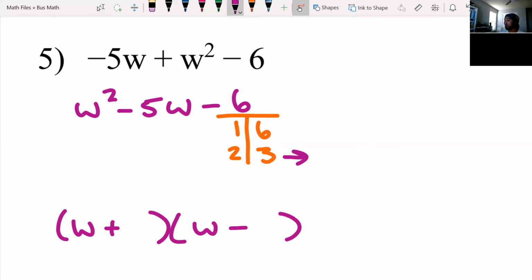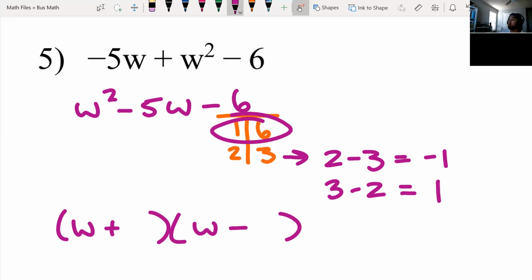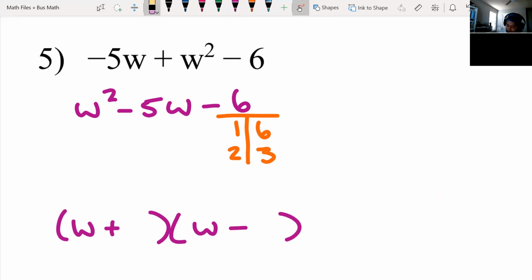Because one has to be positive and one has to be negative. So if you did 2 minus 3, you'd get negative 1. Or if you did 3 minus 2, you'd get 1, which means based on our sign chart, we are going to choose 1 and 6.